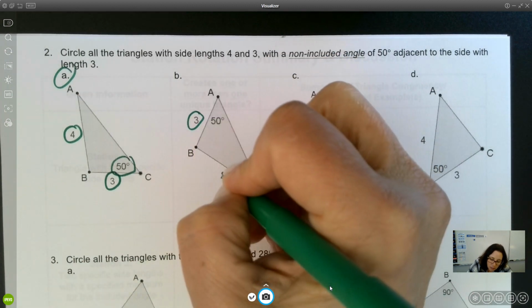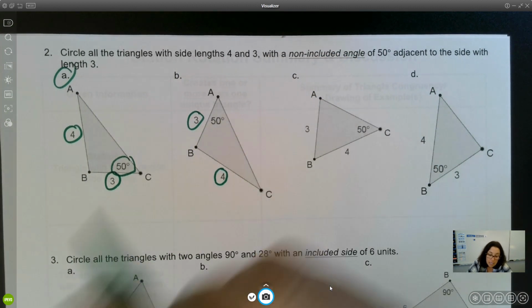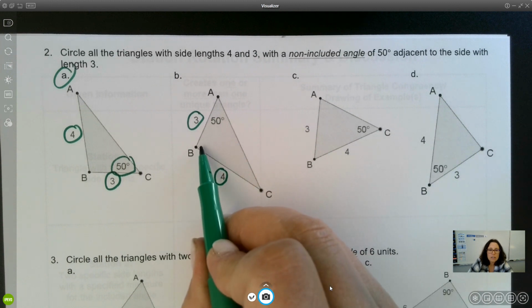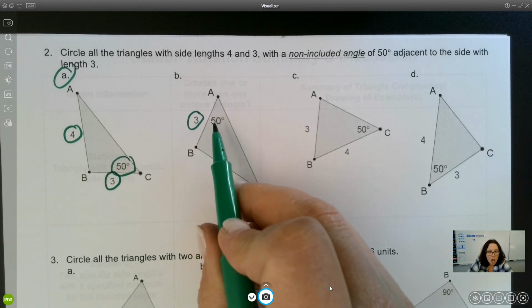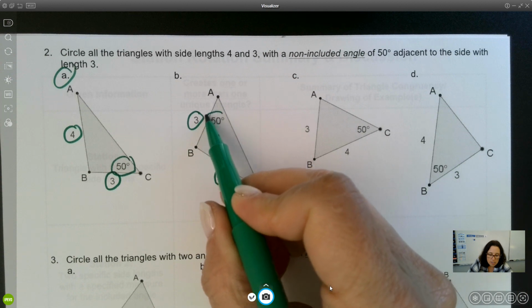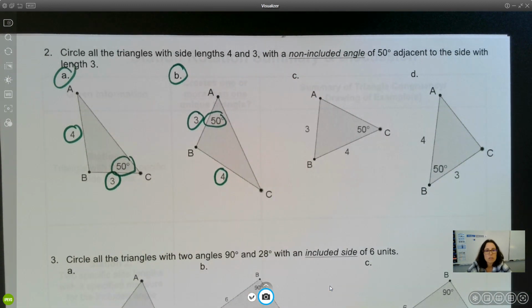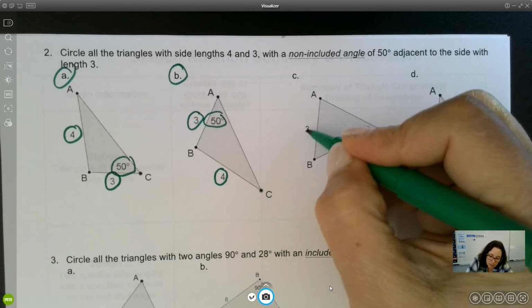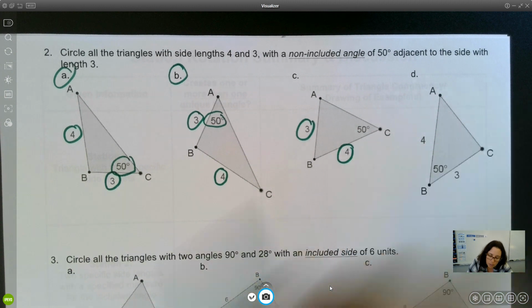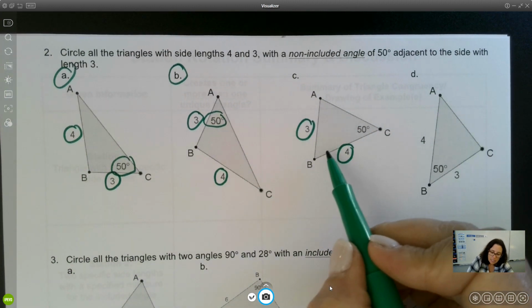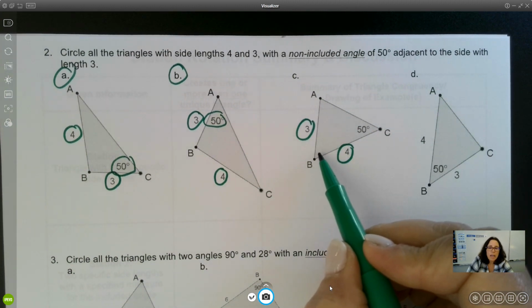All right, let's look at this guy. We've got 3, we've got 4. Included would be here. So 50 is non-included. Is it next to the 3? Yes, it's adjacent to the 3. So B should be another one that you're circling. Let's look at this guy. We've got our side lengths 3 and 4. This would be an included angle.